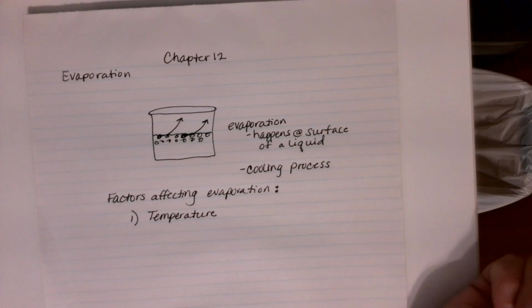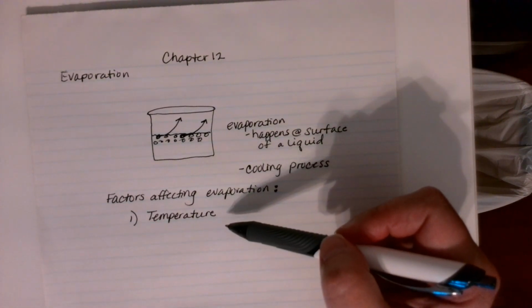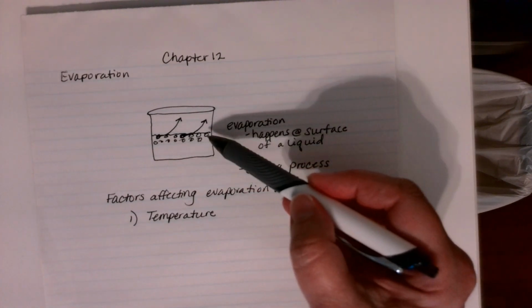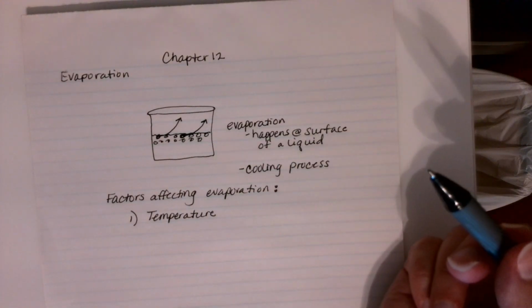Okay, the first one is temperature. So if we heat that liquid up, that means we're giving it more energy, which means there's going to be more particles that are going to have sufficient energy to escape the surface of the liquid.